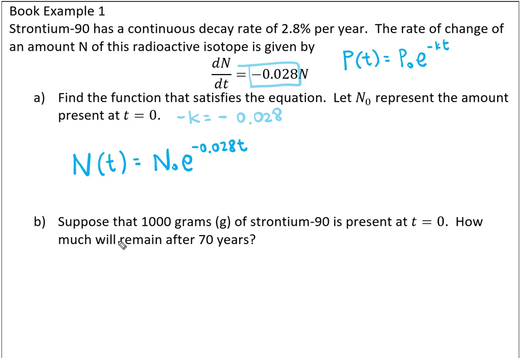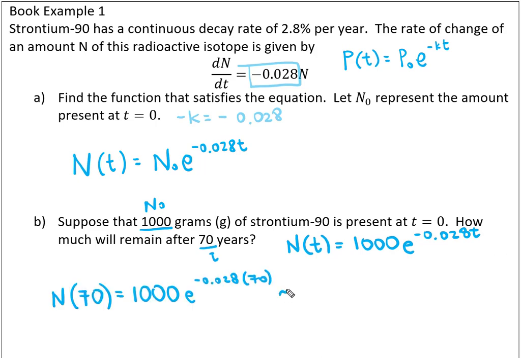For part B, it's asking us to replace N naught with 1000 and then to replace t with 70. So knowing that N of t is equal to 1000 times e to the negative 0.028t, now let's find N of 70.